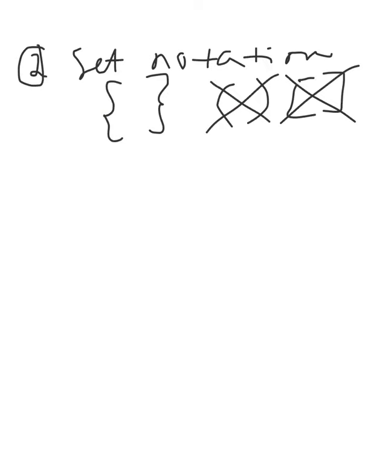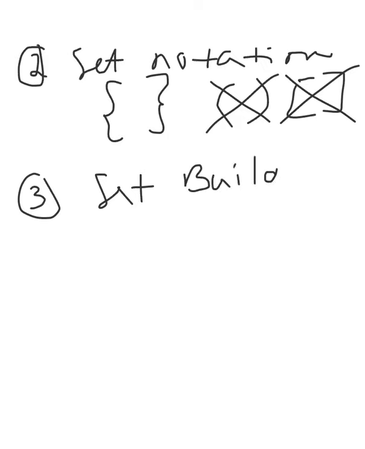And then number 3, a third way to express a set is through set builder notation. You will see this throughout, but you can bypass saying set builder notation. Here's how it works. You need to identify the name of the set first.